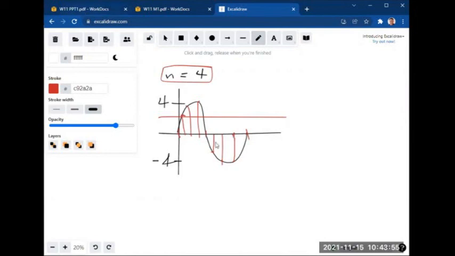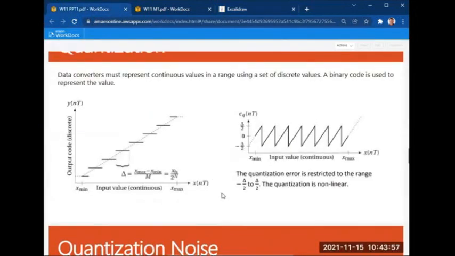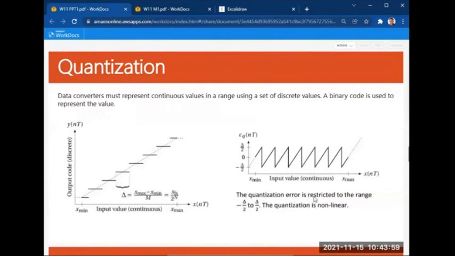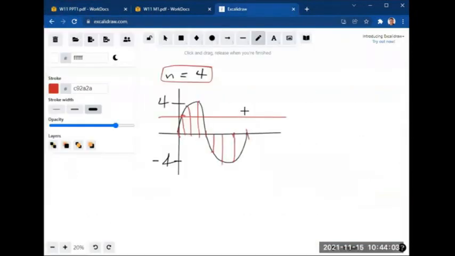Anyway, we're just trying to give you an overview of what quantization is. We're not actually doing the actual solving. So let's just try to divide this signal into 4 parts. So this is one part, this is another part, and another part.